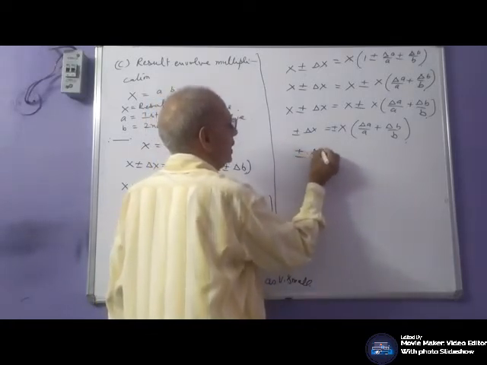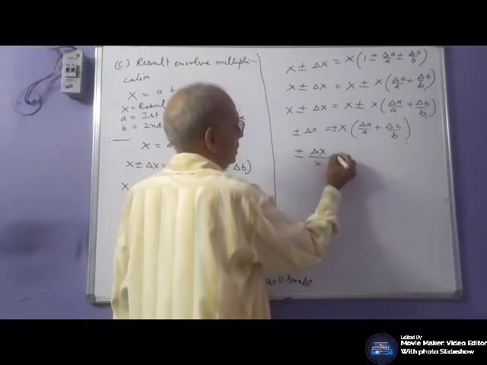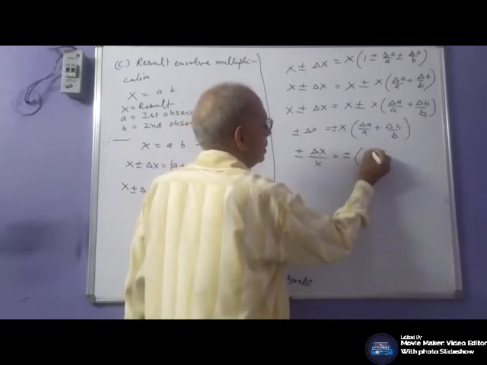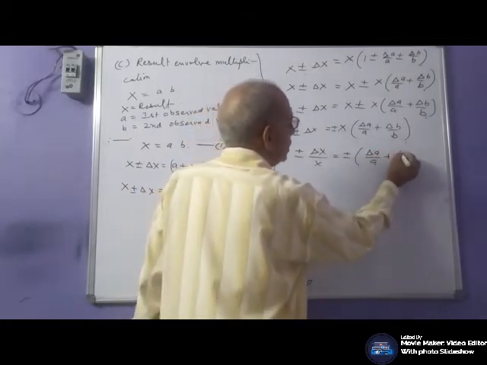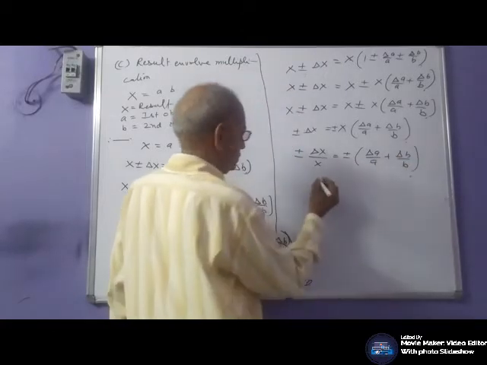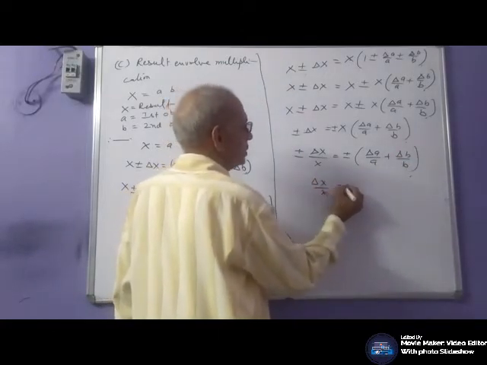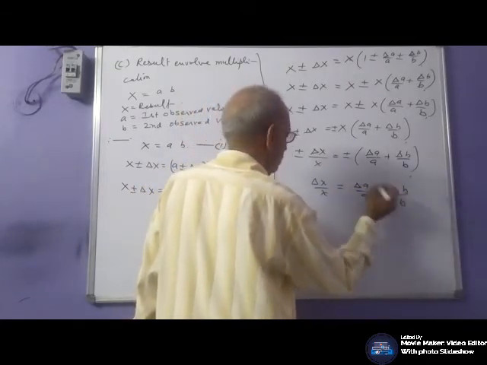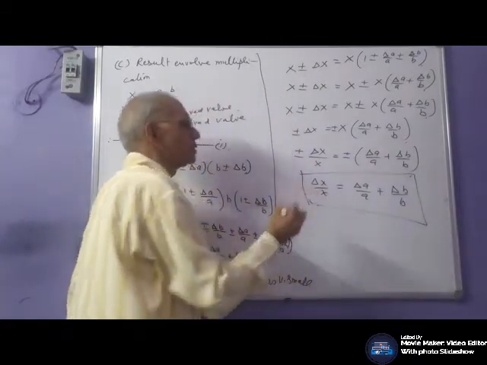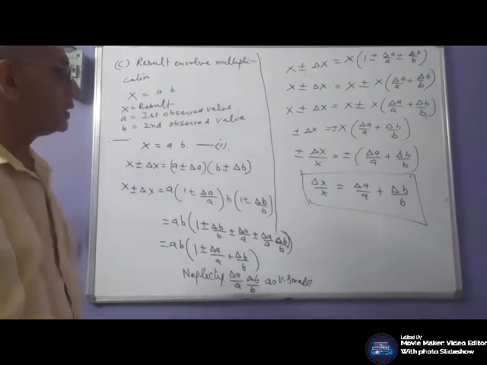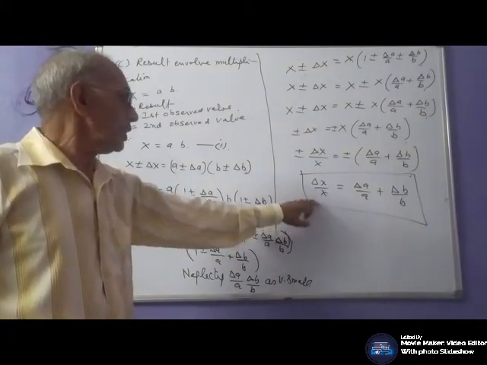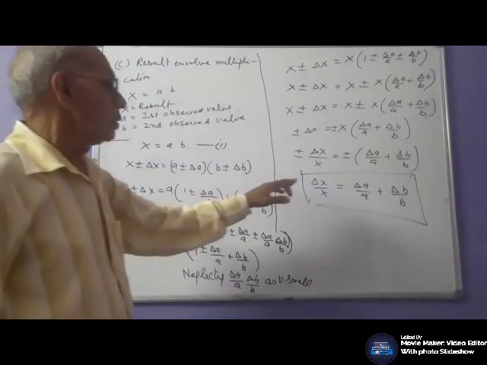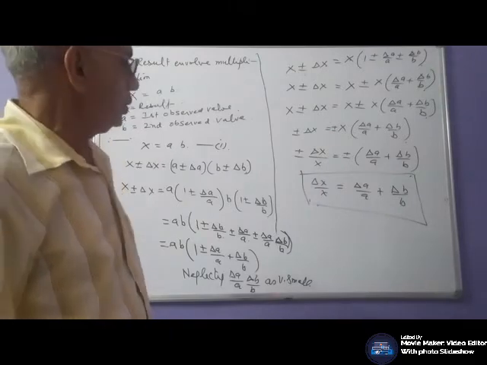Plus minus delta X by X. Take X this side. Plus minus delta X by X equals delta A by A plus delta B by B. What is this? Derive expression for relative error in result when result involves product of two observed values.